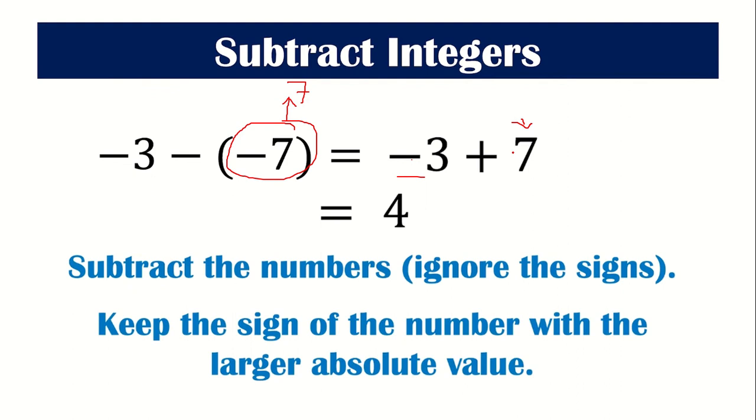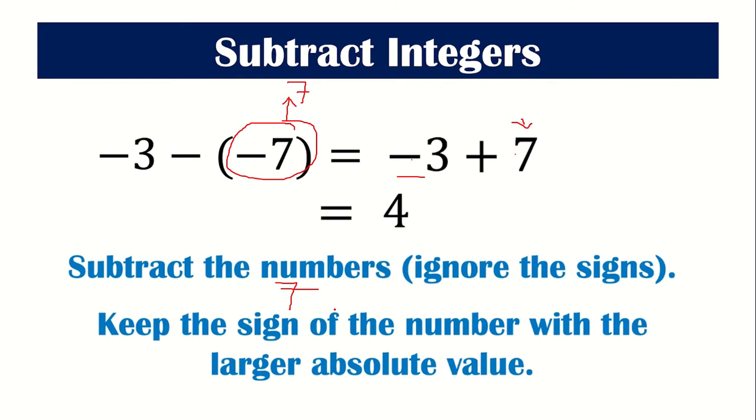Since they have different signs, that means we follow the rules in adding integers with different signs, where we subtract the numbers by ignoring the signs, and then keep the sign of the number with the larger absolute value. So the absolute value of 7 is 7.